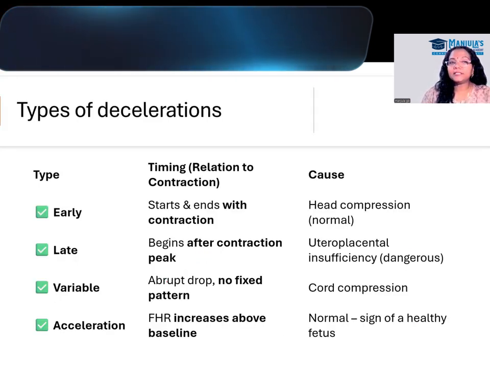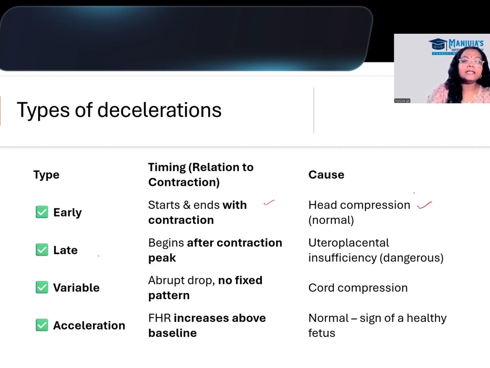What are the other types of decelerations in the tocogram? It is early deceleration, which starts and ends with the uterine contraction, and the cause is head compression. Then late deceleration, which we already discussed, begins after the contraction peak, and the cause is uteroplacental insufficiency, which is dangerous.